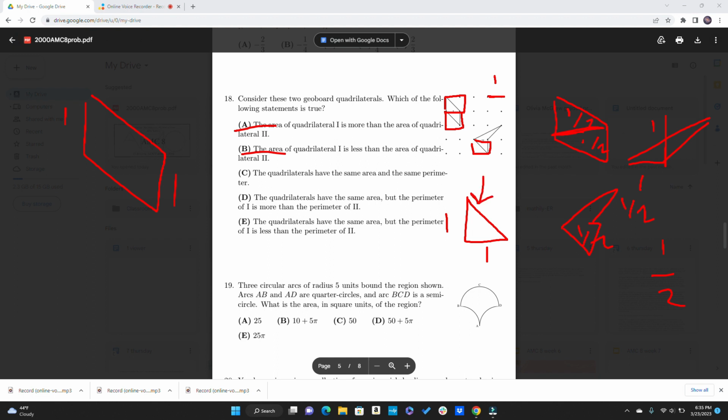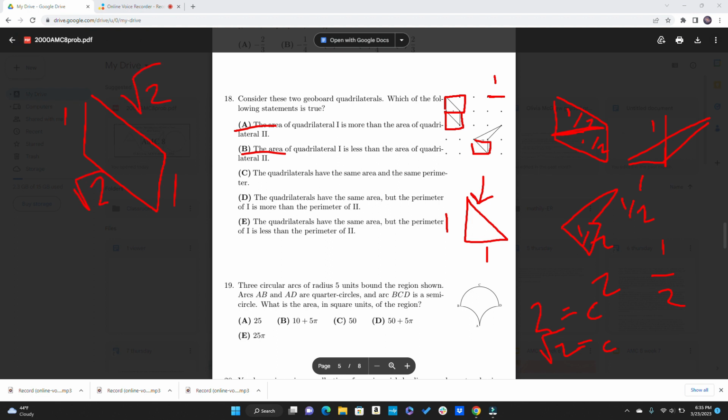We can do that with the Pythagorean theorem. A squared plus b squared is c squared. Here, 1 squared plus 1 squared equals our hypotenuse squared. So 1 squared plus 1 squared is 2. 2 equals our hypotenuse squared. So our hypotenuse is the square root of 2. So that means this quadrilateral has sides of square root of 2 and square root of 2.